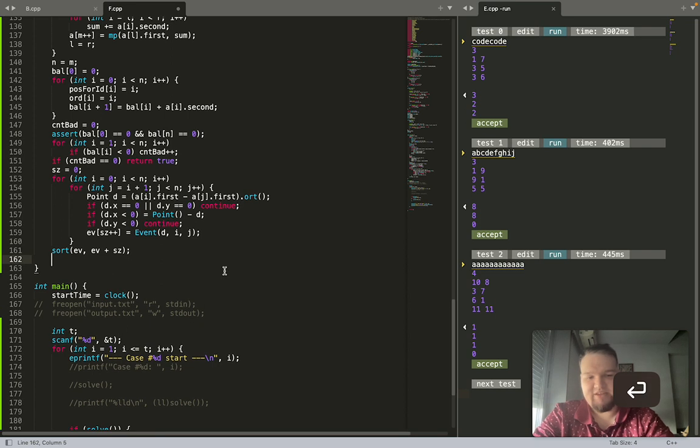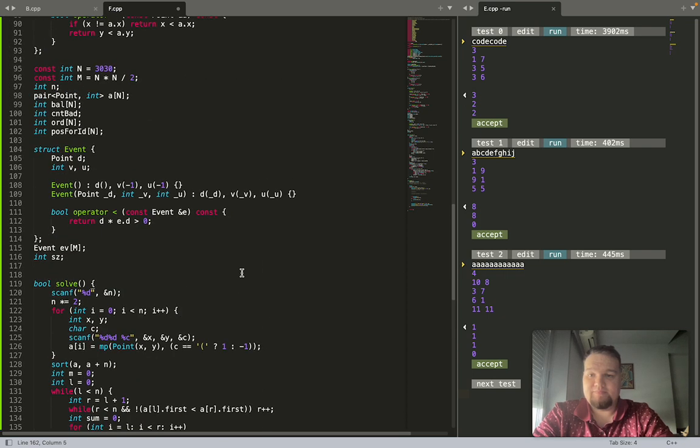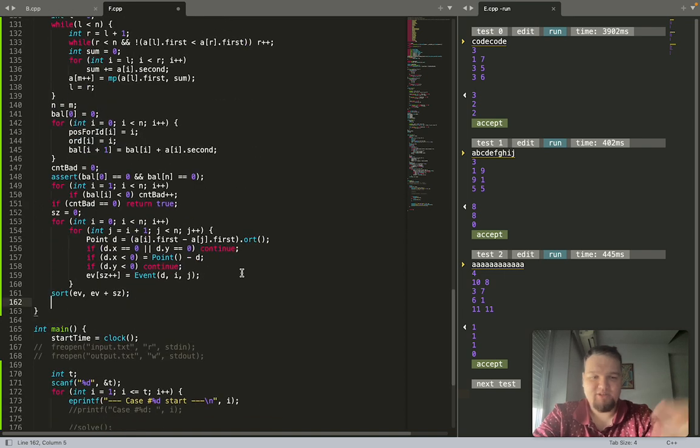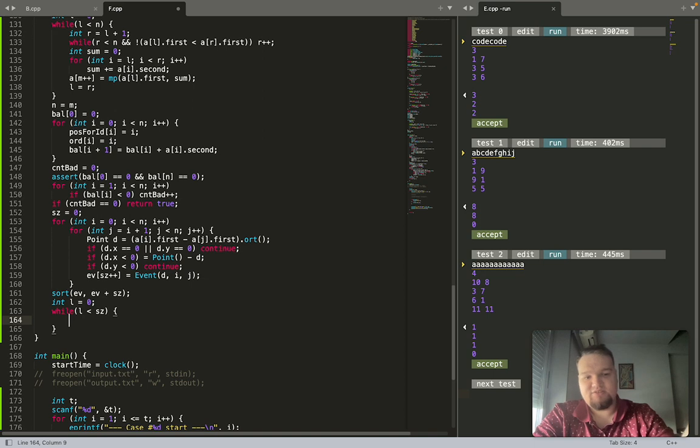Sorting all the events by angle. All right, now the main part. I'm going through the events in sort order, but I need to be careful and do all the events with the same angle at the same time.